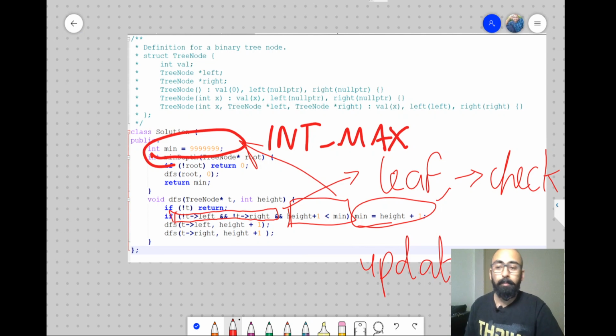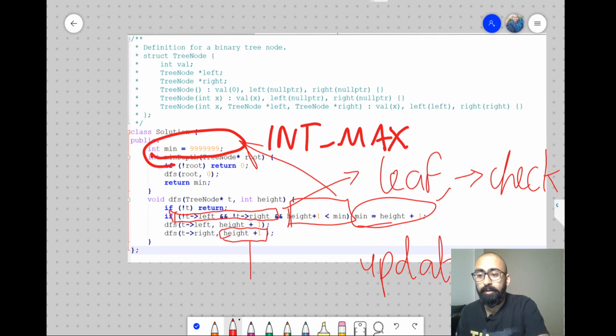Pretty simple, right? Now if none of this works out and you don't update the minimum value, it's fine. You still have to keep DFSing down. You have to keep going down, and every time you go down you have to update the height. And that's where this part comes in. We talked about this earlier. Every time you go down a level, make sure you increase the height, right? And that's how you do it.